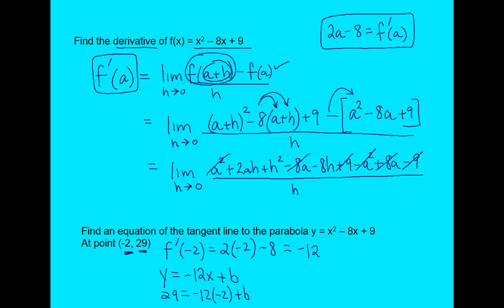So when we solve for b, we'd have 29 equals 24 plus b, so we'd subtract 24 from both sides, and it appears that b would equal 5. So the equation of our tangent line in slope-intercept form would be y equals -12x plus 5.